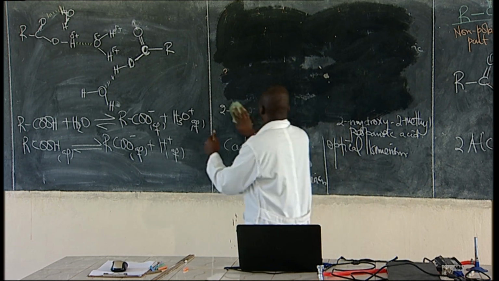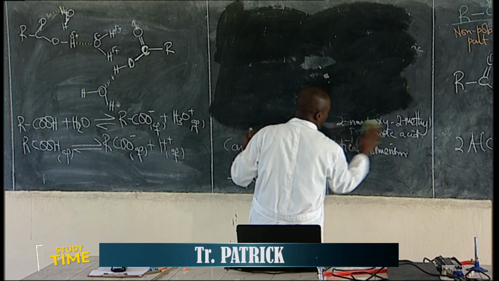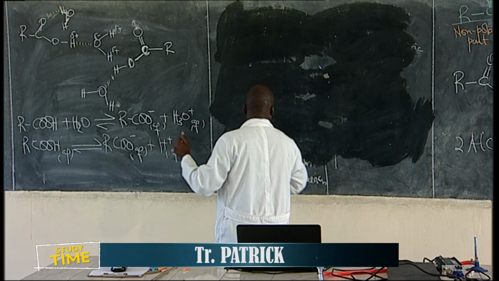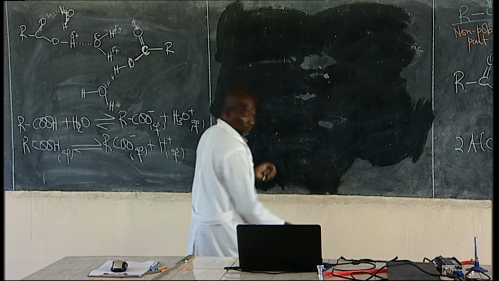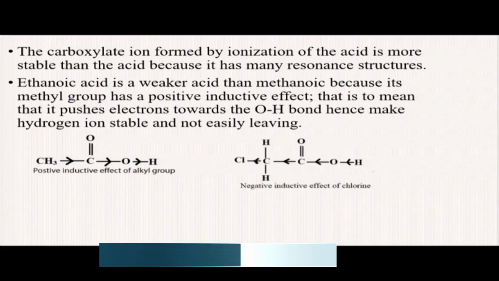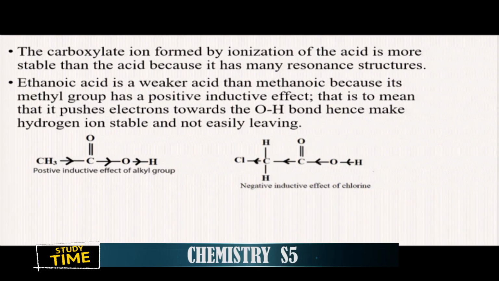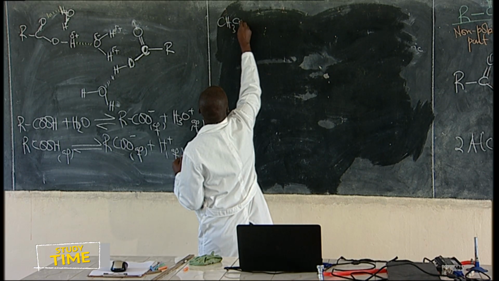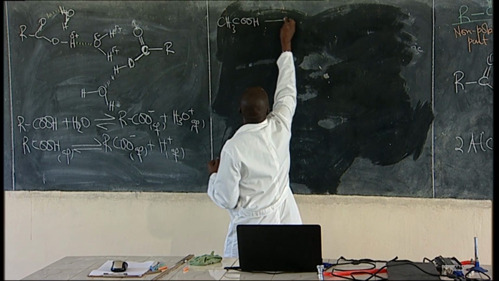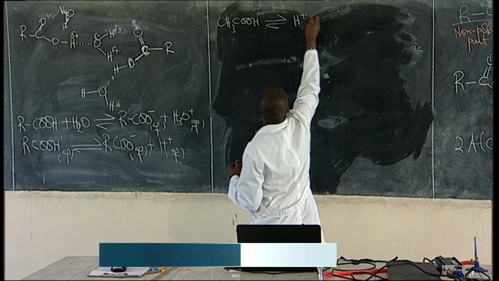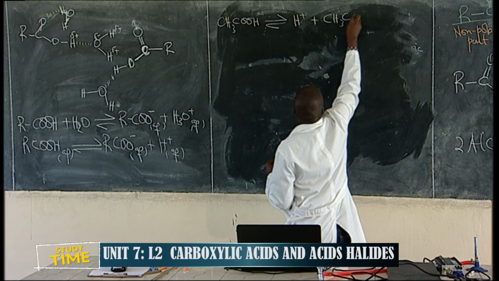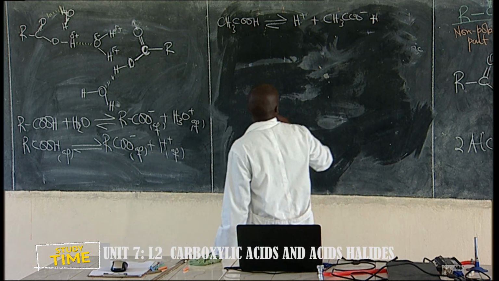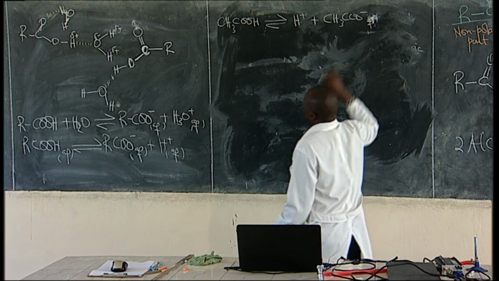As we mentioned in the previous lesson, when these substances ionize, let's take a specific carboxylic acid, ethanoic acid, ionizing to form hydrogen ions and ethanoate ions.